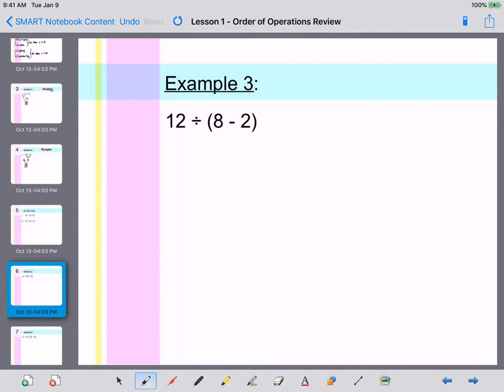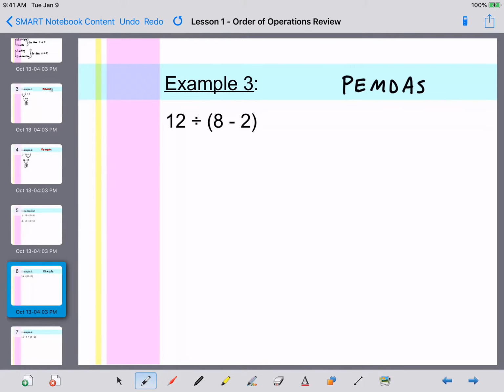Okay, now in our next example, we are going to throw in some parentheses. So again, if we think about our order of operations, PEMDAS, now notice in this problem, we do have parentheses.